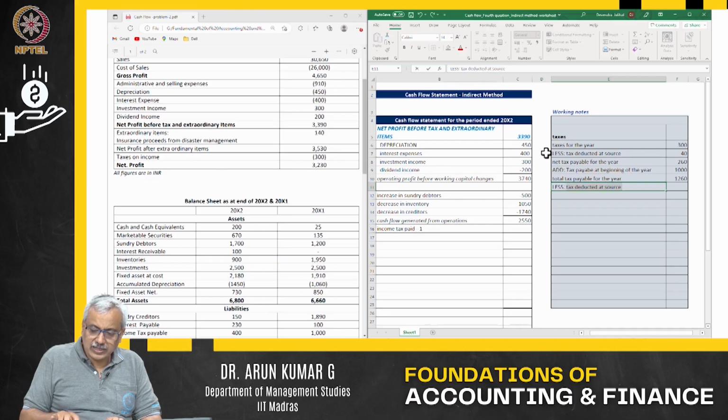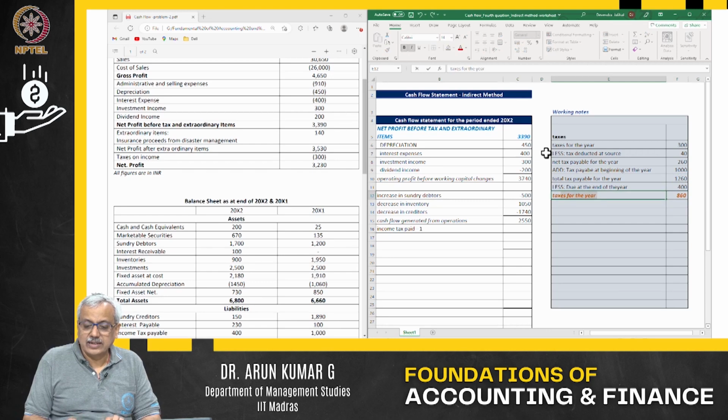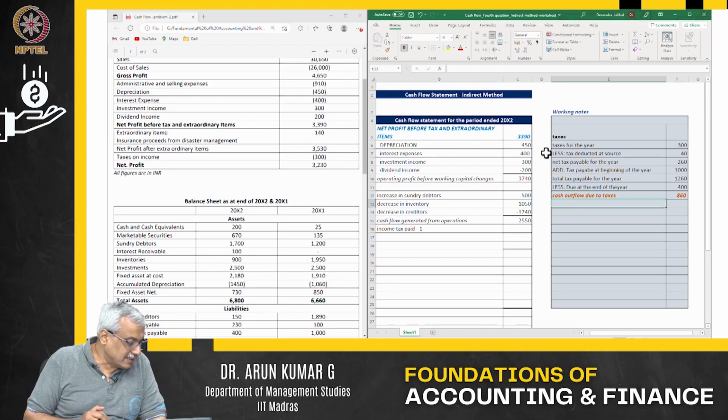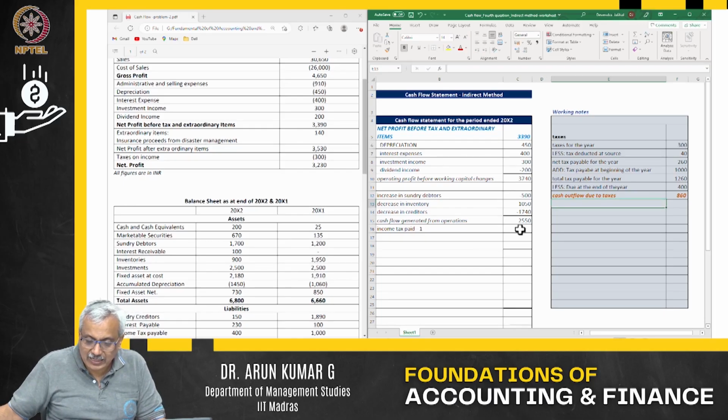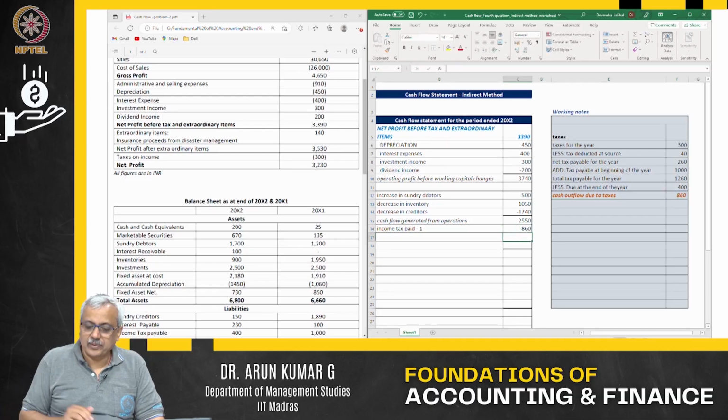So, due at the end of the year is about 400 in this particular case. So, what is the actual tax paid? The tax actually paid, the cash outflow due to taxes, is only $860 in this particular case. This is the amount that I have paid out.